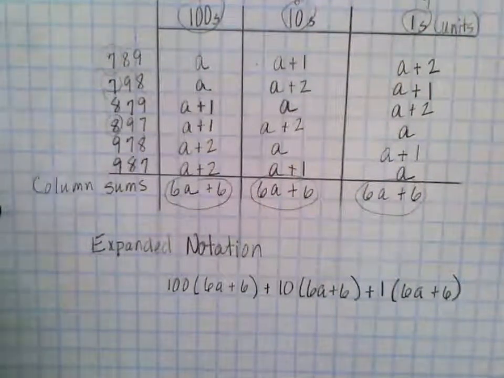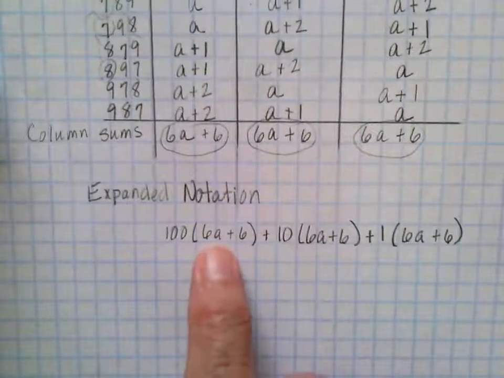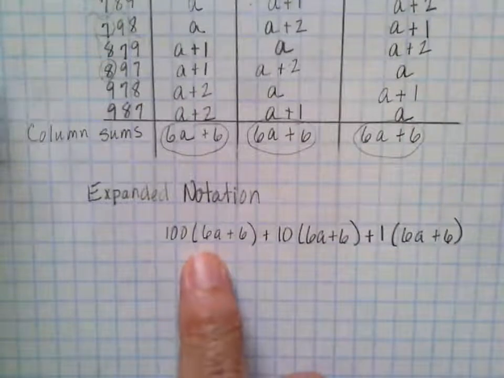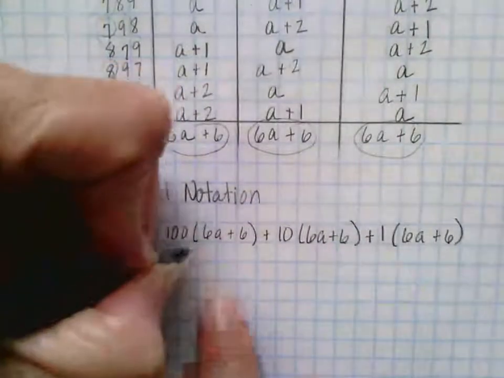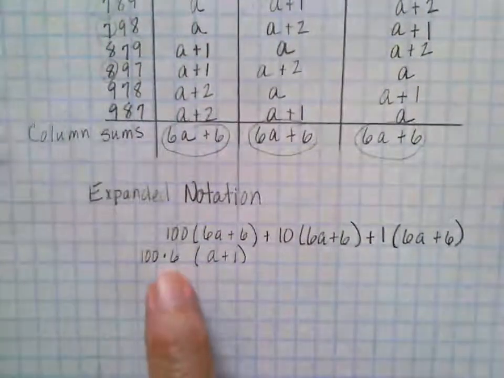You'll notice that, and this is where factoring comes in, each of these expressions has a greatest common factor of 6. So I'm going to pull out that 6, and I'm just left with a plus 1 on each of them.